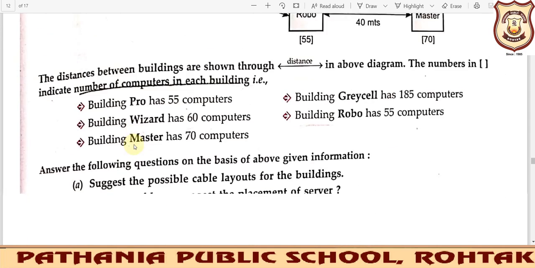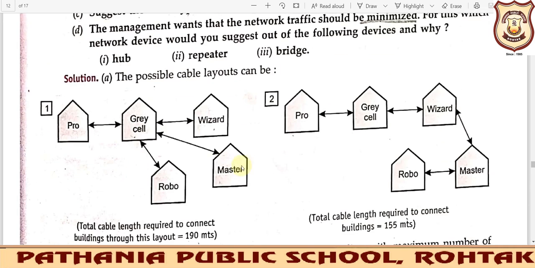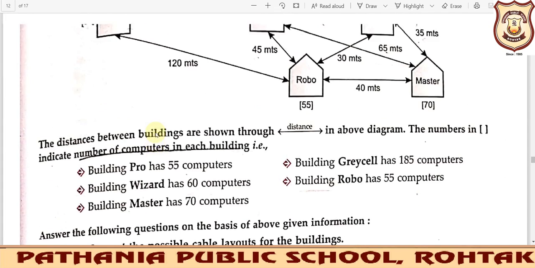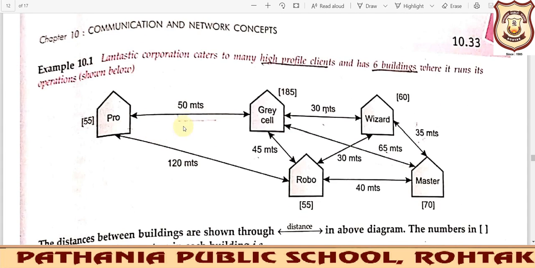One is how you can get connected. You can use the star topology, where you can place the server. Firstly you need to see that the maximum number of computers are in the Gray Cell, so your server should be there. If this is your server, then you can use the star topology to connect all the computers to it.